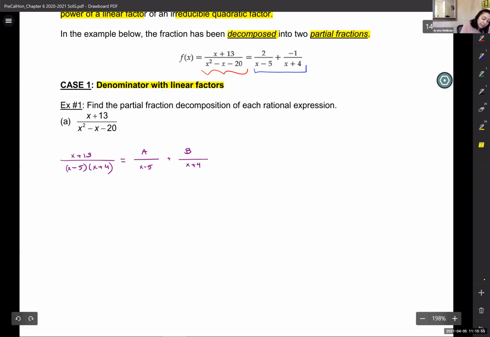So the process is that we multiply through by the LCD, and then we're going to solve for A and B. Okay. The LCD here is the product of these factors. So it's x minus 5, x plus 4. So I multiply each of these terms by the LCD.